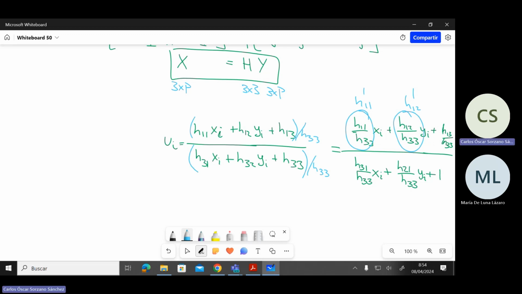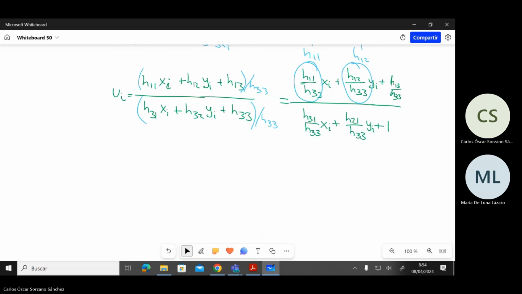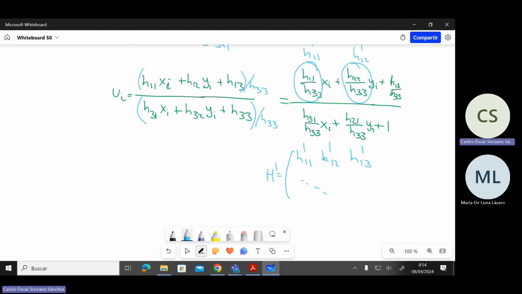So now what we have is a matrix H prime. H prime is H11 prime, H12 prime, H13 prime, and so on, always, then H31 prime, H32 prime, and then 1. This is what is prime. Okay, but now we don't care.